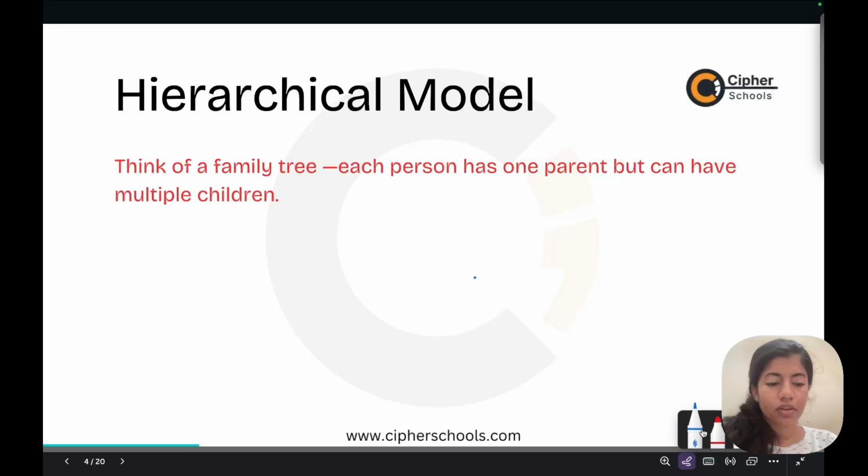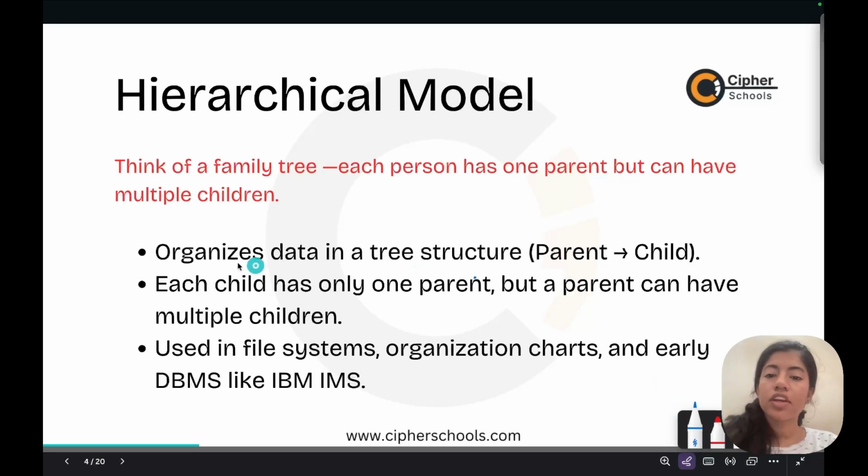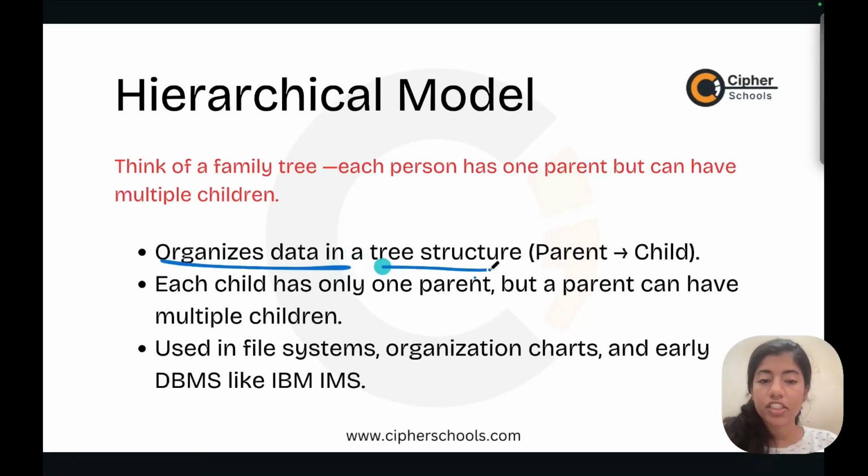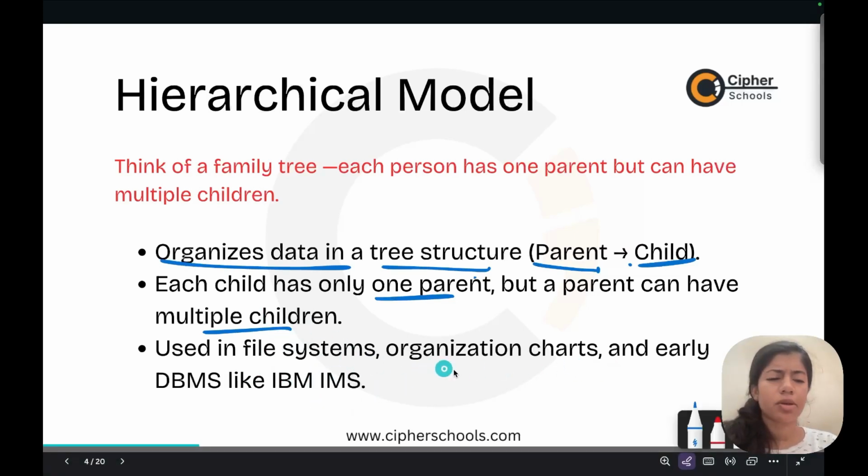Here we are organizing data in the form of a tree structure, using a parent-child format to store the data. Each child has only one parent, but a parent can have multiple children. This is used in file systems, organizational charts, and early DBMS like IBM's IMS.